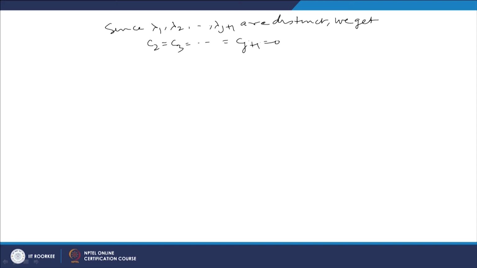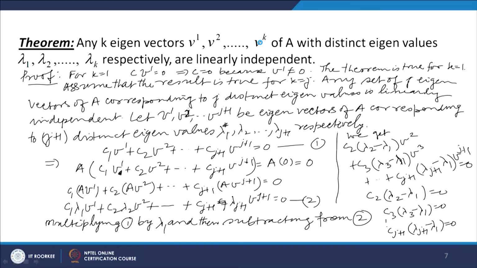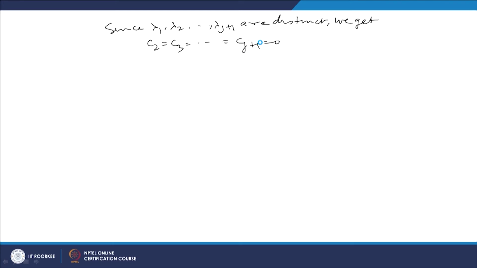Now, still we have to show that c1 is 0. So, we go back to equation 1, put c2 equal to 0, c3 equal to 0, cj plus 1 equal to 0. Then equation 1 gives us c1 b1 equal to 0, and since b1 is a non-zero eigenvector, c1 b1 equal to 0 implies c1 equal to 0.